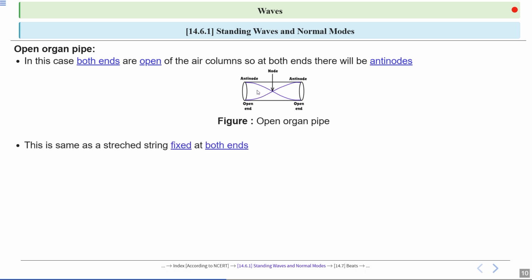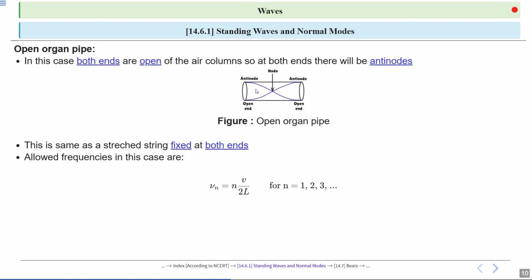This concept is similar to a stretched string fixed at both ends. When such a string is plucked or vibrated, it forms standing waves with specific frequencies. The same principle applies to other systems like pipes or even musical instruments, where standing waves are formed. The formula nu is equal to n into v divided by 2l shows the allowed frequencies for standing waves in a string fixed at both ends.